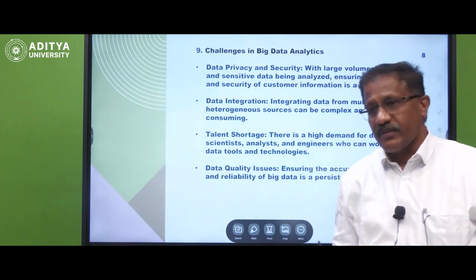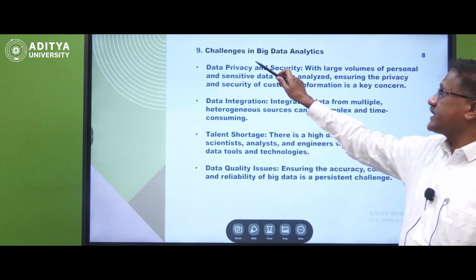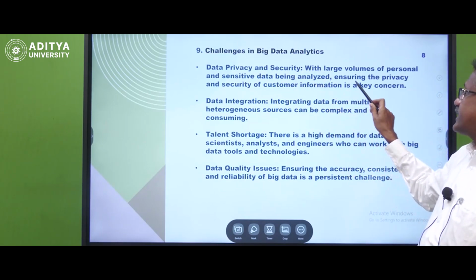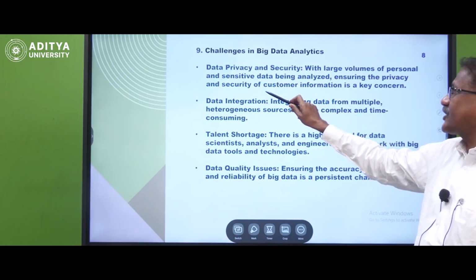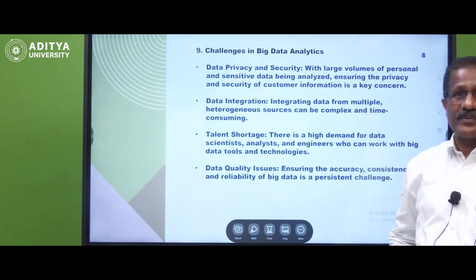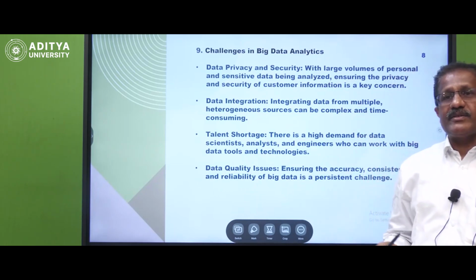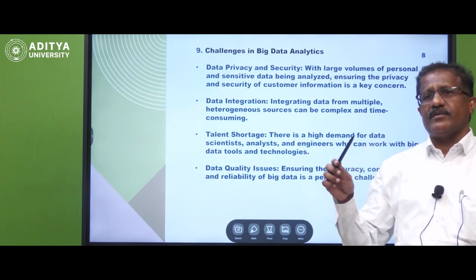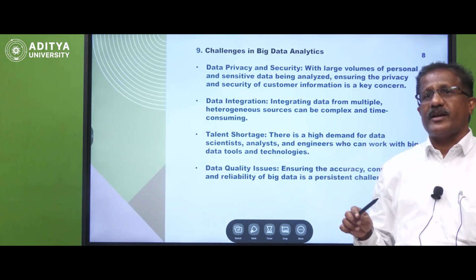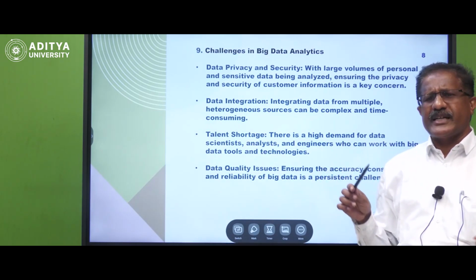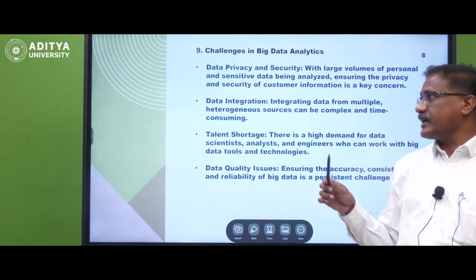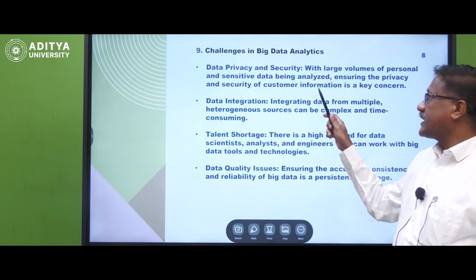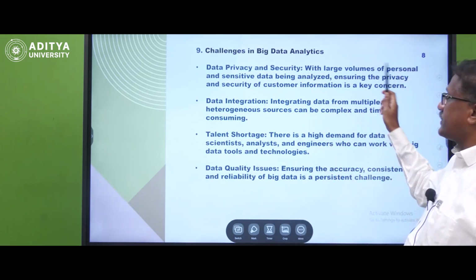The biggest challenge in big data is the privacy and security of customer information. For example, everybody has net banking and mobile banking, and various technologies are involved, but the biggest challenge in net banking is data privacy and security. So that is the first challenge for every business.